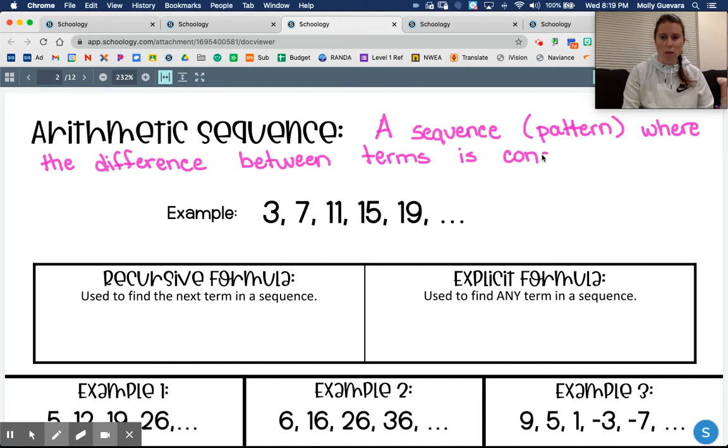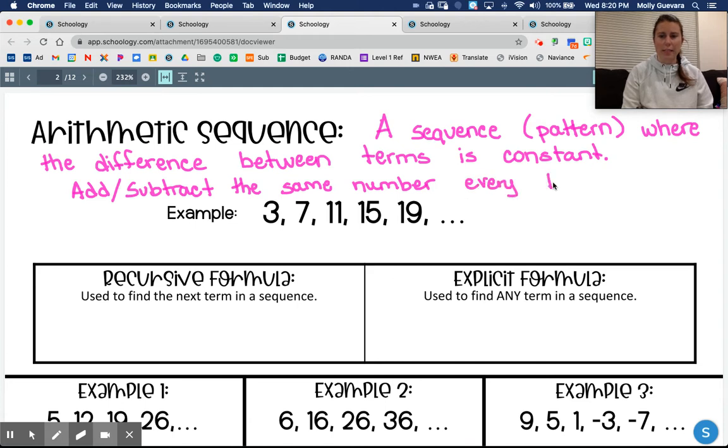What that really means is that we add or subtract the same number every time. For example, like 5, 10, 15, 20, I'm adding 5 every single time. So that's an arithmetic sequence because I'm adding 5.